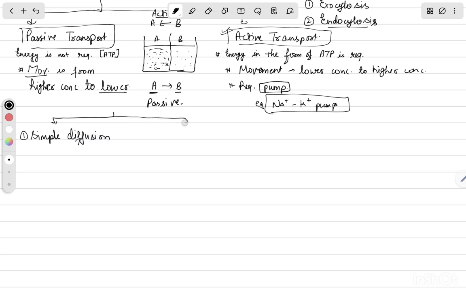Second type of transport is facilitated diffusion, and third type of transport is osmosis, right?